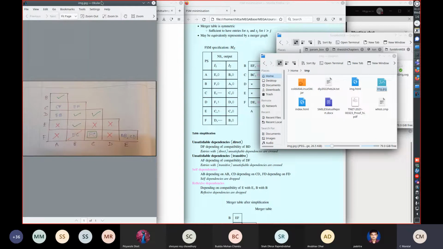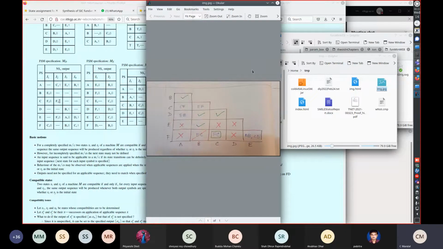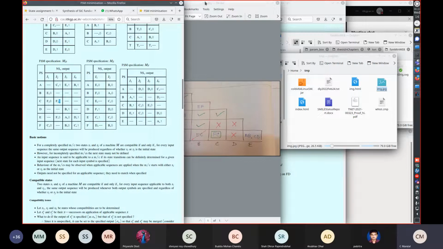Okay, so let us look at this. Yeah, it's a bit complicated. All right. So let us check. AB seems to be okay. AC will depend on CF as we had noted earlier.